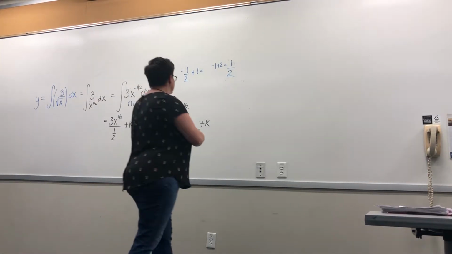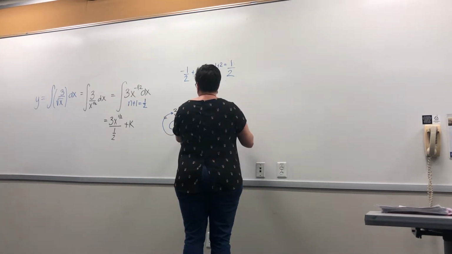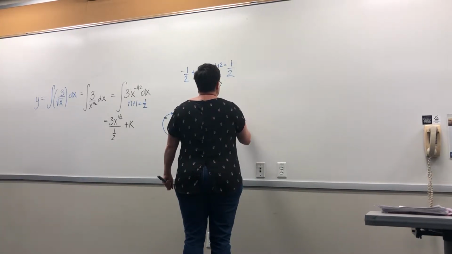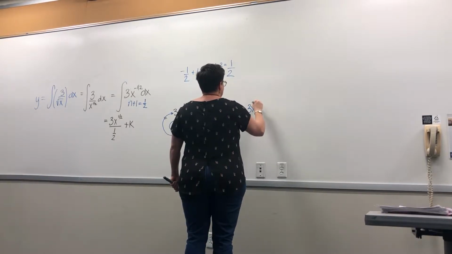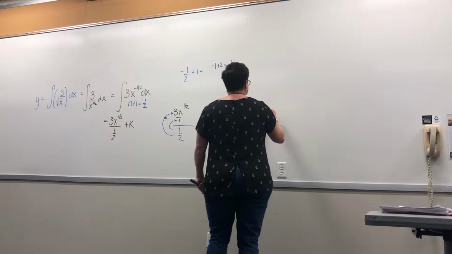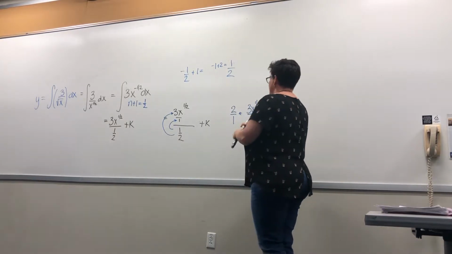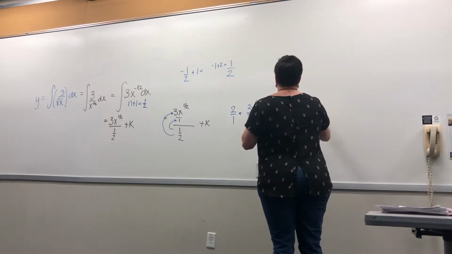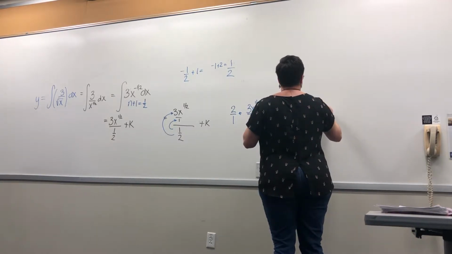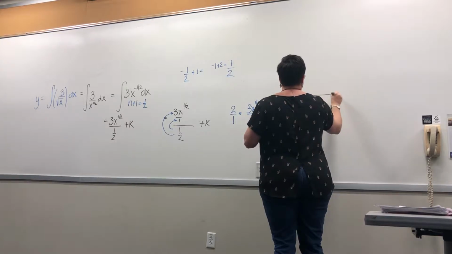What I'm doing here, guys, is I'm inverting this 1/2 and making it 2 divided by 1 times 3x to the 1/2 divided by 1, plus k. So then what do I get? 2 times 3 equals what? 6. Equals 6x to the 1/2 plus k.